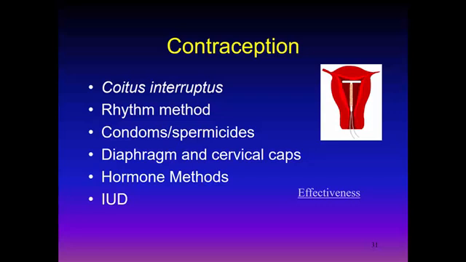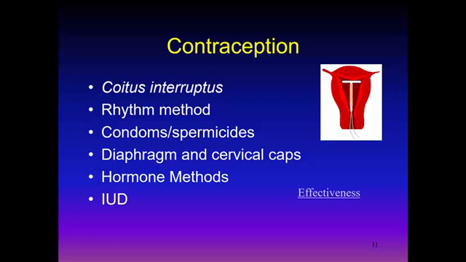It too has a pretty high failure rate because it's hard to tell exactly when the woman is ovulating. And of course you have to know when you ovulate in order to avoid having sexual intercourse during that time. The only one on this list that protects against sexually transmitted diseases is the use of condoms, particularly with a spermicide as well.